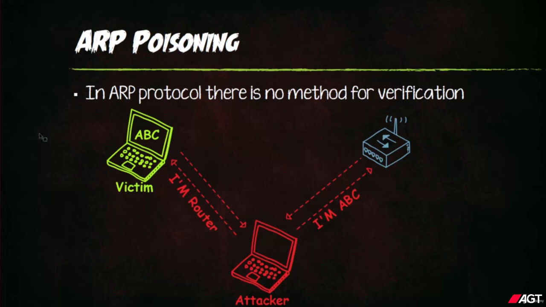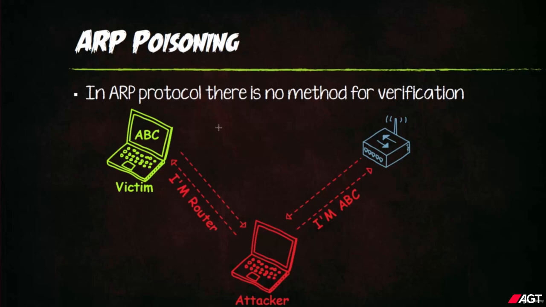Over here, as you can see in the picture, this is how man in the middle attack is achieved in ARP poisoning. If I transmit a packet to ABC machine that I am the router, it will start sending me its packets. Similarly, if I say to the access point that I am ABC machine, the access point will also transmit ABC's packets to my machine, and hence I become the man in the middle in ARP poisoning, right?